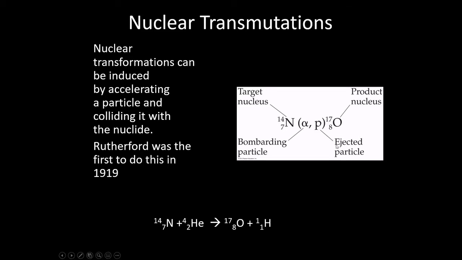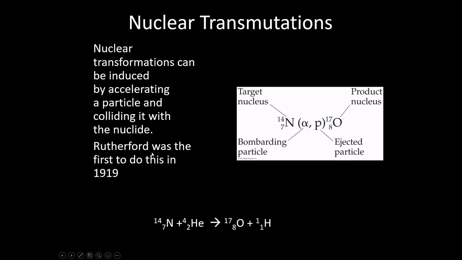And so there's a little bit of notation here for the thing that you're shooting the particles at, the thing that you're shooting it with, which is alpha particles in this case, and then the thing that gets shot out of the resulting product that you make. And so in the end, in this particular process, you would be making oxygen-17 by shooting an alpha particle at some plain old nitrogen.